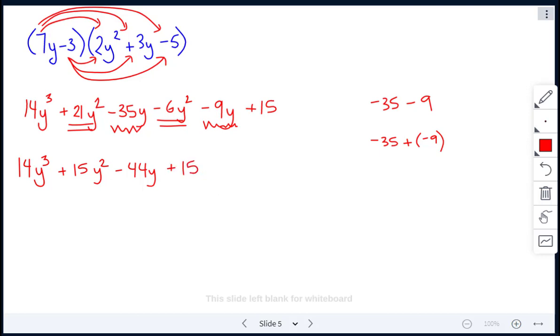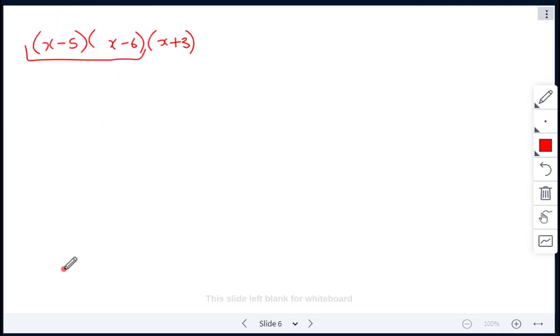All right, so the last example here, we have questions that have 3 binomials. So we would work with 2 of them first and then multiply the last one afterwards. All right, so here x times x would be x squared, x times negative 6, that's negative 6x, negative 5 times x, negative 5x, and then we have negative 5 times negative 6, which is positive 30.